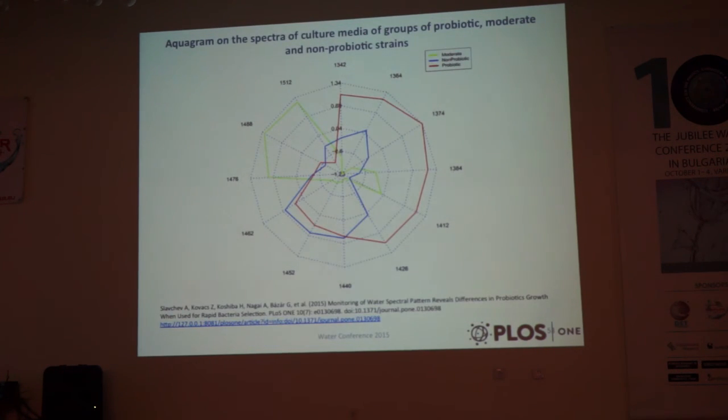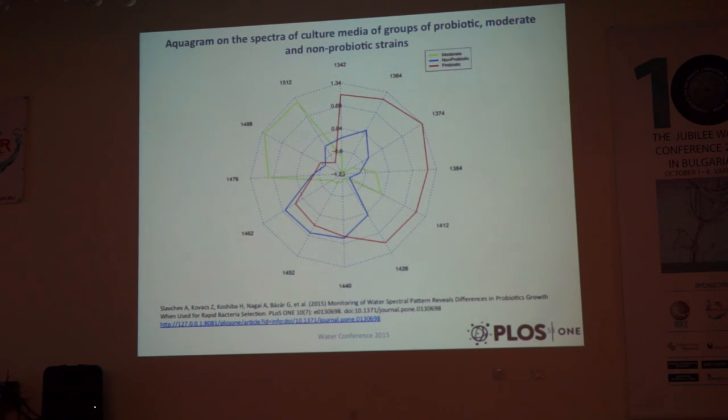Now, this is the aquagram. These are the probiotics. If you remember, when you increase the temperature, we get less hydrogen bonded water, and we have absorbance on the right side. So what we have with probiotic bacteria is that it is making water a working water.